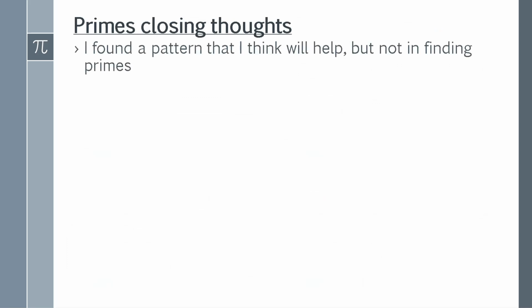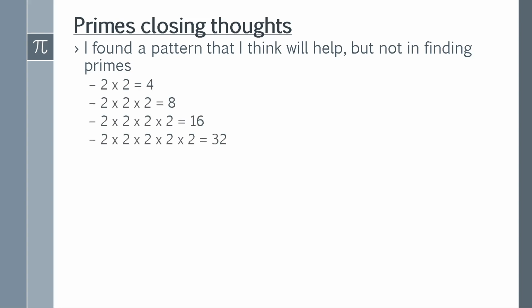Closing thoughts. There's a pattern that gets talked about, but I just want to show it real quick. There's the twos, so these are patterns that are happening. With what I'm looking at, I don't see them adding anything yet, but here's the threes.